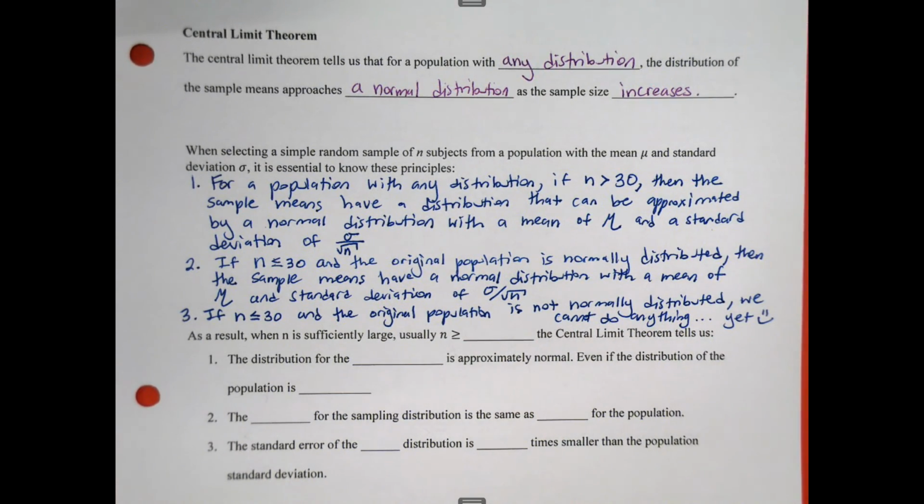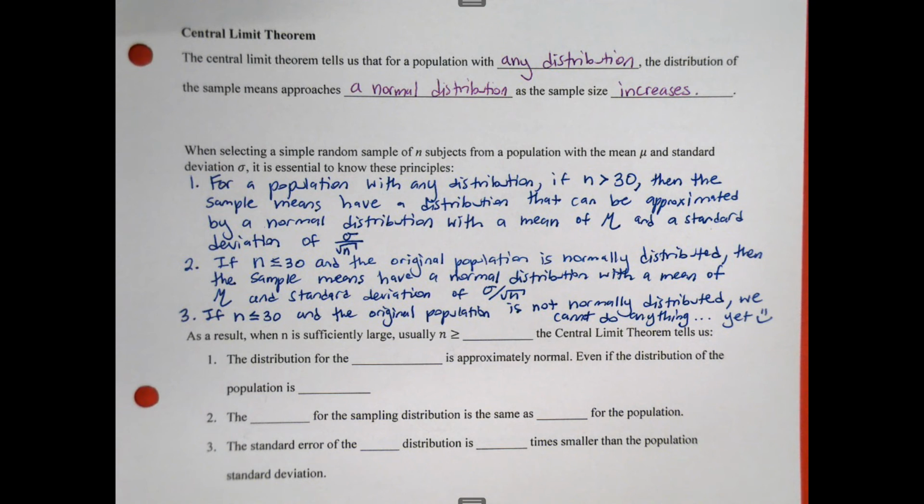So we'll learn what to do if our population is not normally distributed and our sample size is less than or equal to 30.